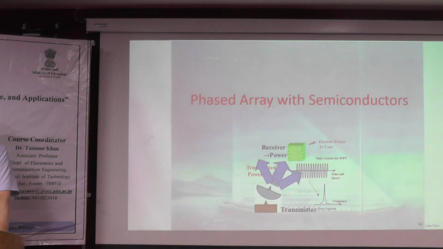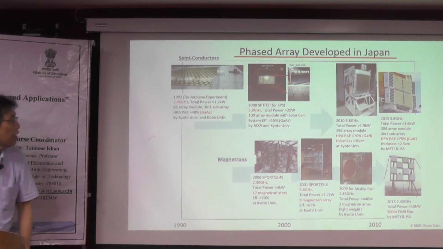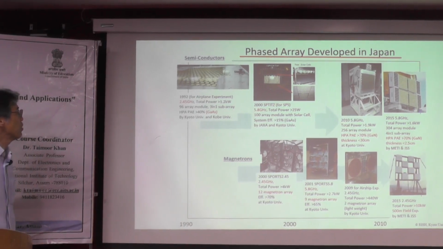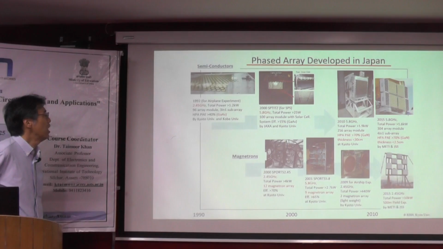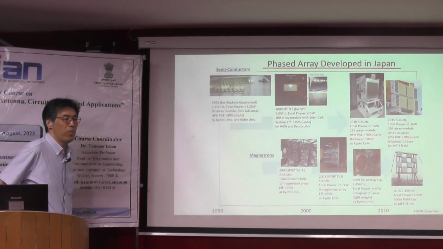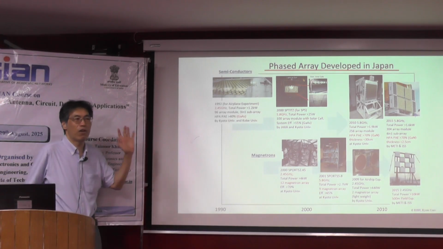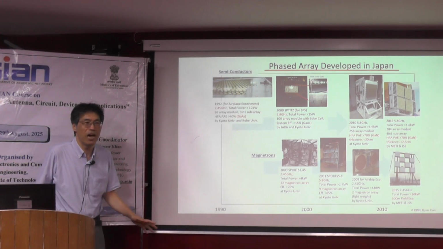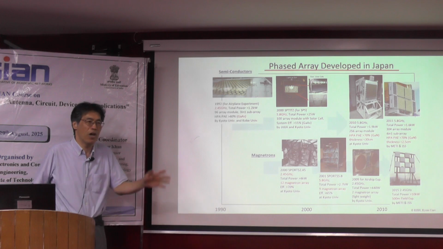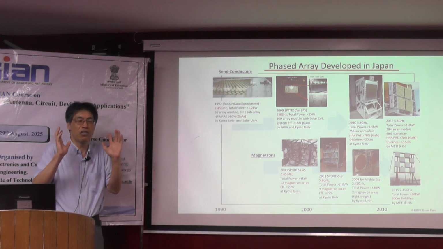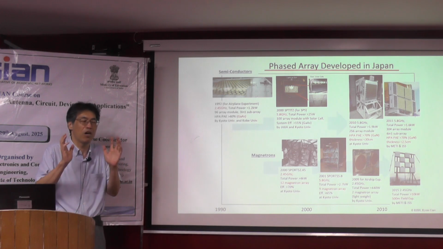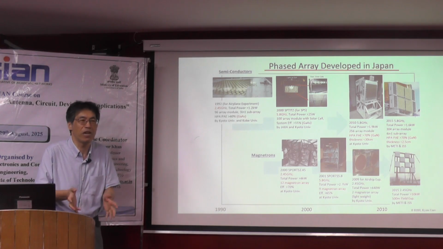And from here, I'd like to introduce the usual phased array antenna with semiconductors. These are examples of phased array antennas developed in Japan, mainly for wireless power transfer. Because now there are a lot of phased array antennas. For example, in your room, Wi-Fi adopts a digital beamforming network and massive MIMO as a phased array antenna.